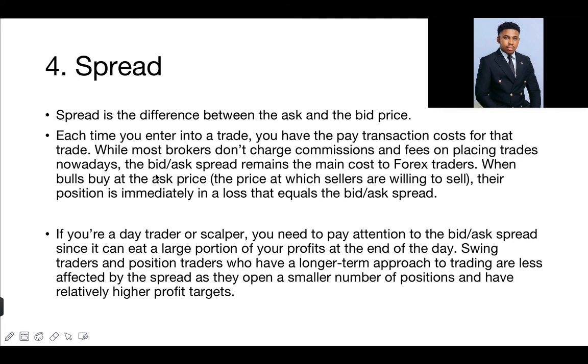Either they make money from charging you commissions, or they make money from the spread, basically. So that's the difference between the ask and the bid price. So when you buy at a certain level, they have the spread, which is the difference between where they buy and where you buy as well. So the difference between the ask and the bid price is the profit the brokers make themselves.